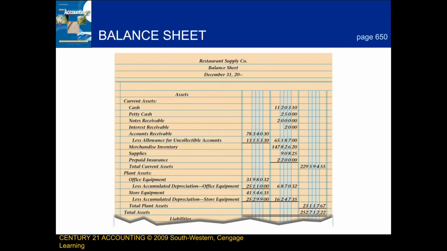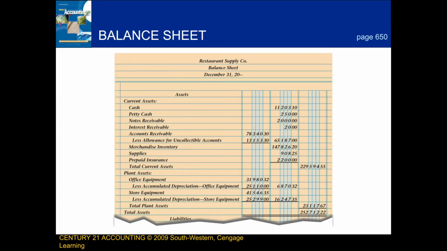Alright, next we're going to be talking about a balance sheet for a corporation, and this is continued on the next slide. So what we're looking at here is the asset section of a balance sheet for a corporation.